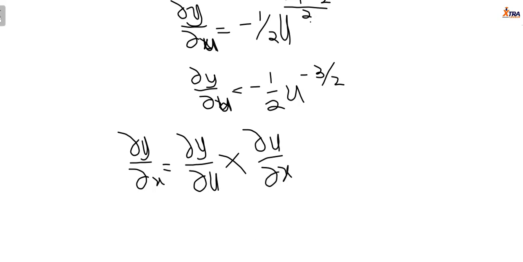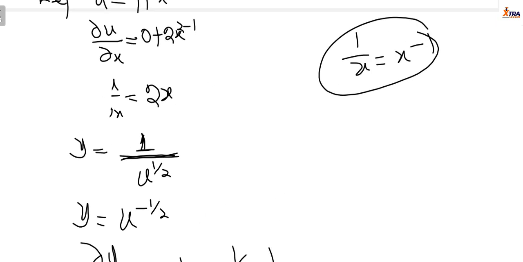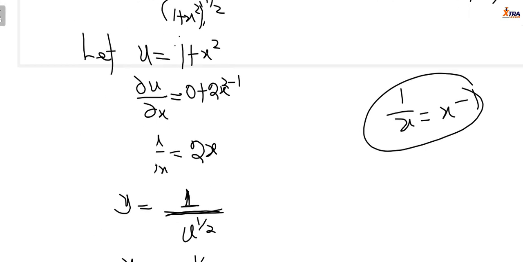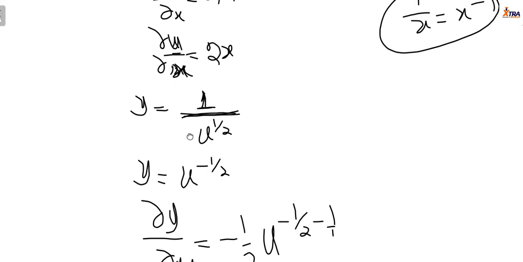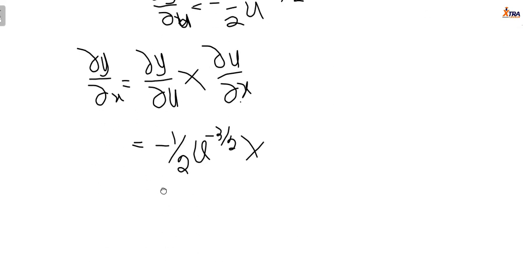So we have dy over du equal to minus 1 over 2 u raised to the power minus 3 over 2, times du over dx. And du over dx is equal to 2x. So we have 2x times minus 1 over 2 u raised to the power minus 3 over 2.